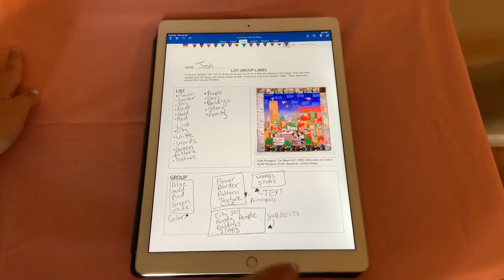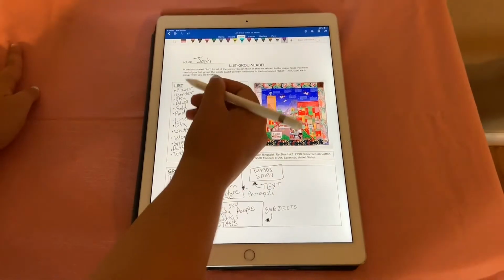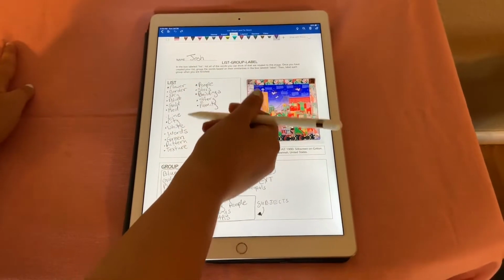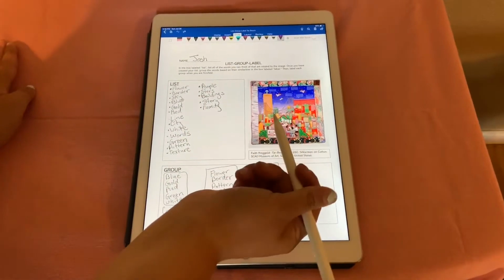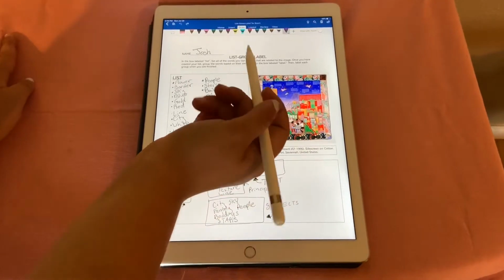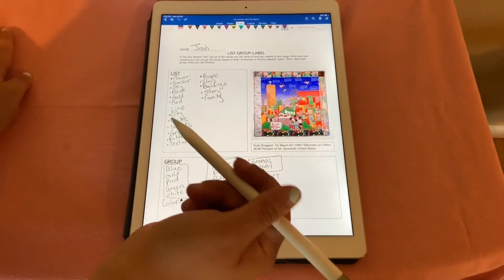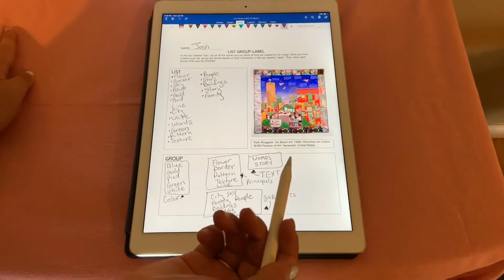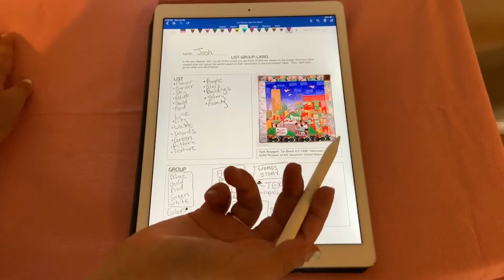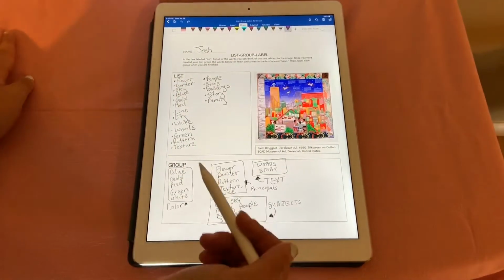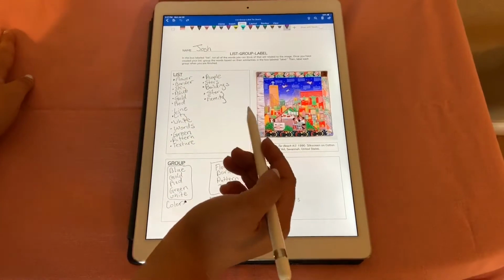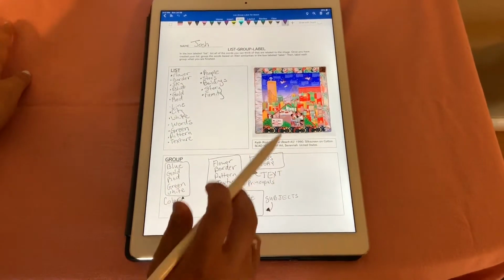Looking at what he's written down for the list, he has flower, border, blue, red, gold, line, city, texture, people, buildings, family, all kinds. He's listed a good amount of things, so that's good.